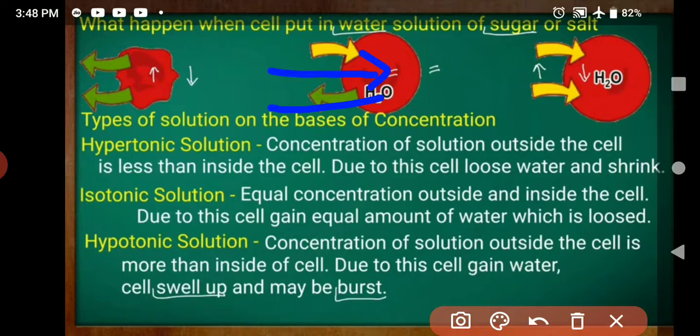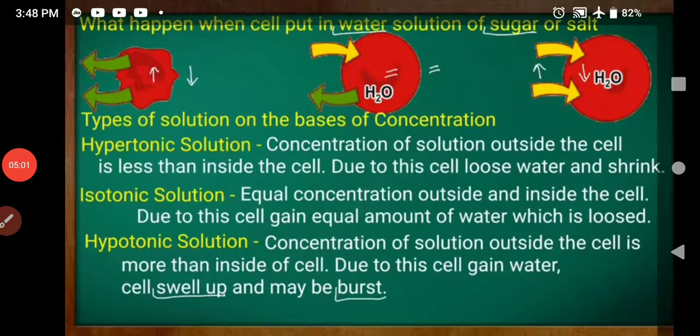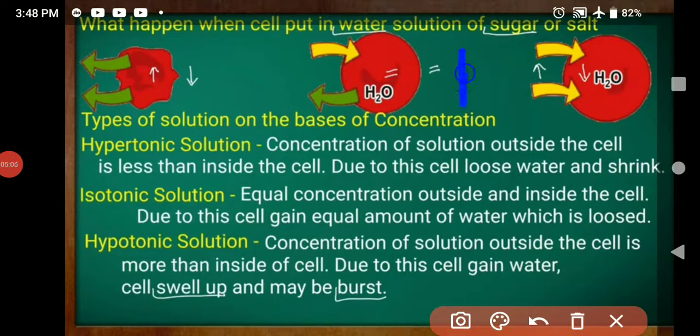Now see the third diagram. Here outside the cell concentration is high and inside the cell concentration is low. So water moves from where to where? High concentration to low concentration.